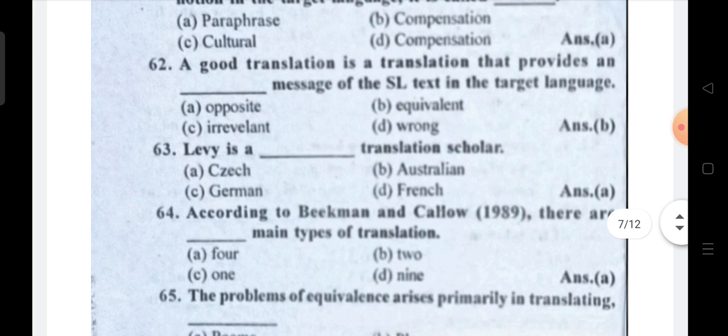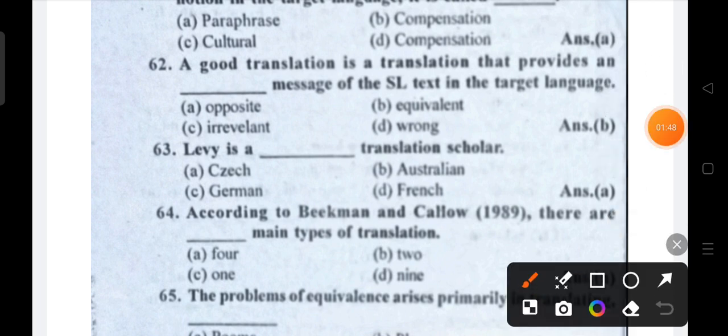A good translation is a translation that provides an equivalent message of the source text in the target language. Answer is B, equivalent.